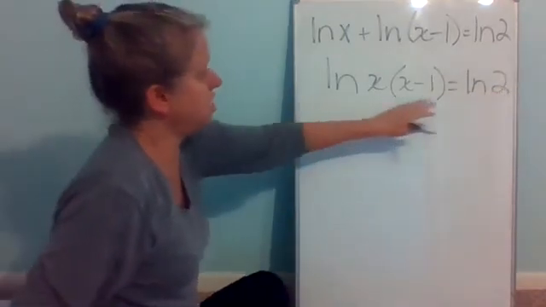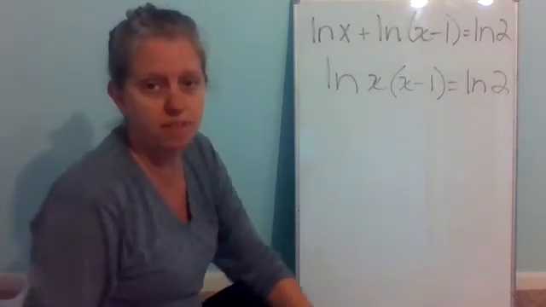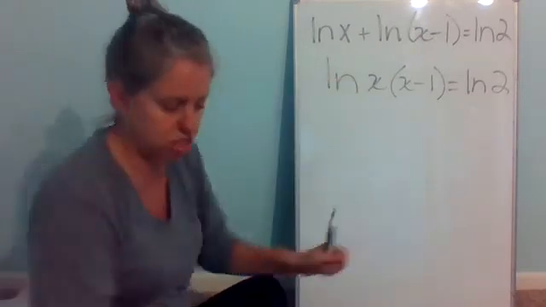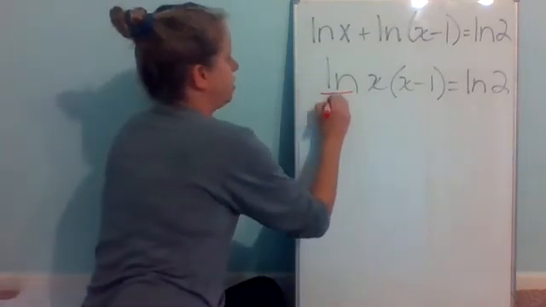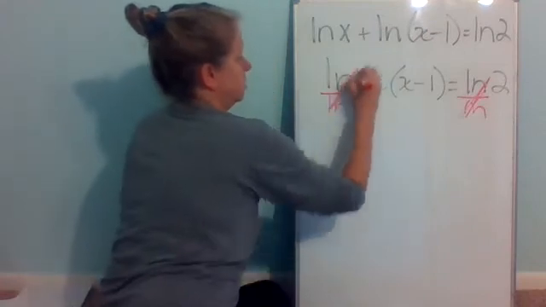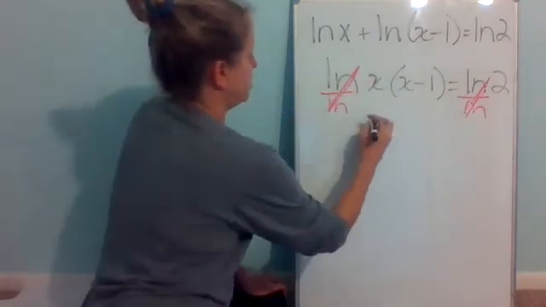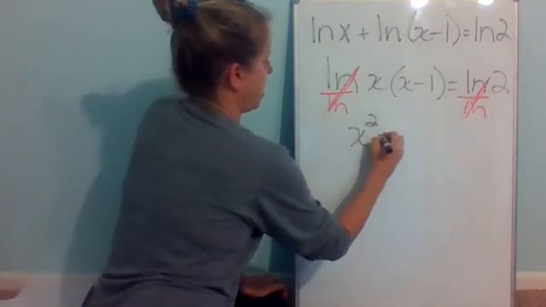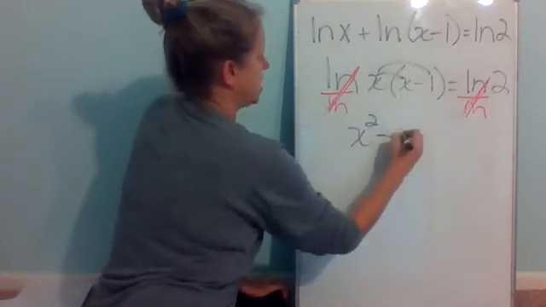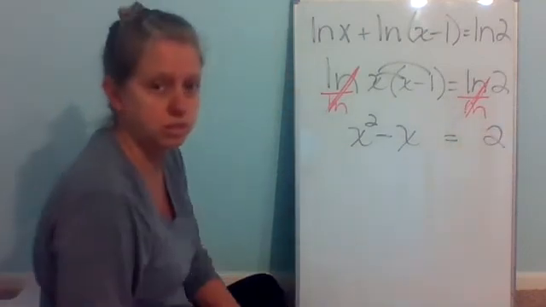So I have ln's on both sides. So you might as well just divide them off, right? If you have the same log on both sides, just divide whatever that is off of both sides. Cancels here. Cancels here. I'll distribute this x. So now I have x squared minus x equals 2.